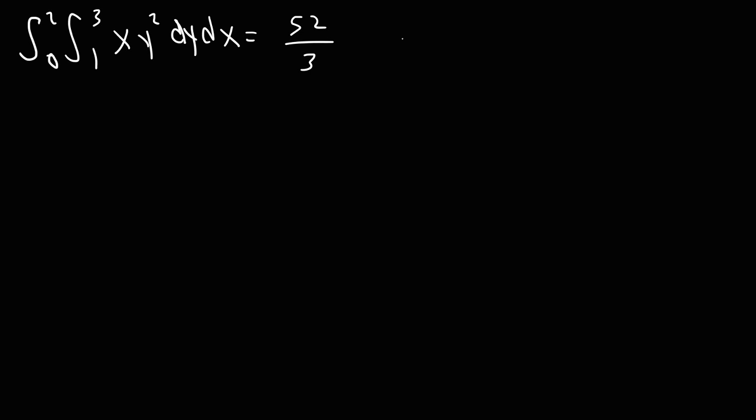In the last problem, we saw that the value of this double integral was equal to 52 over 3. But what's going to happen if we change the order of integration? Let's say if we put the 1 to 3 first, what's going to happen?